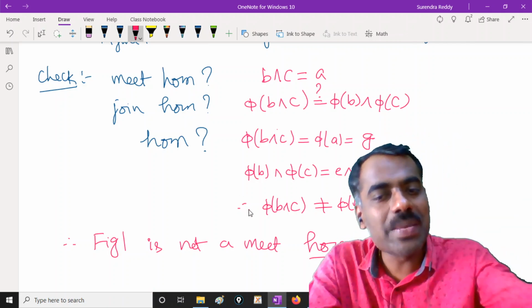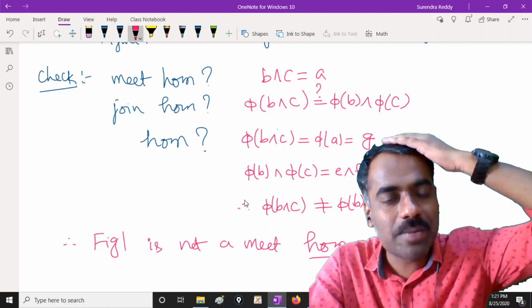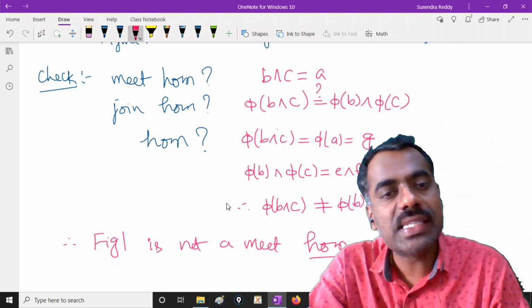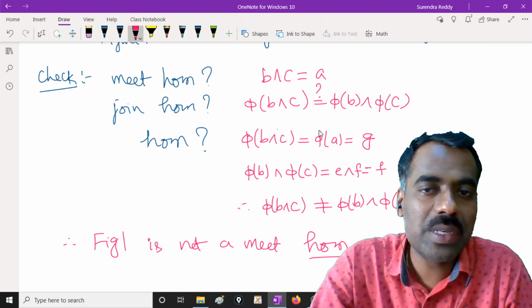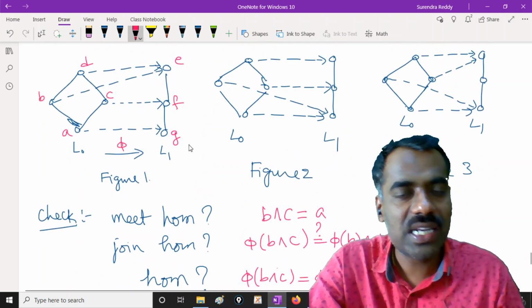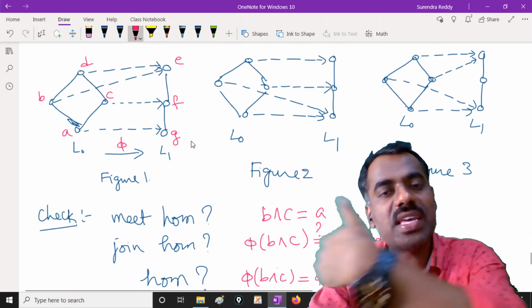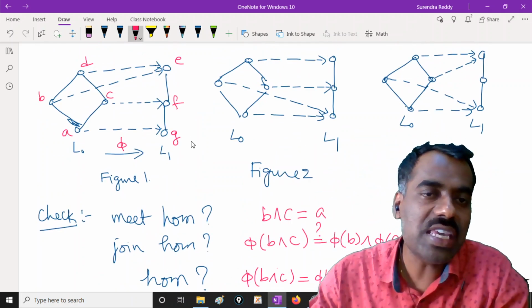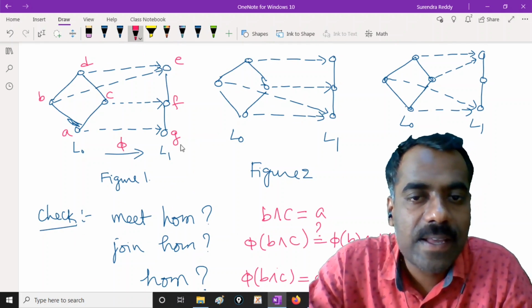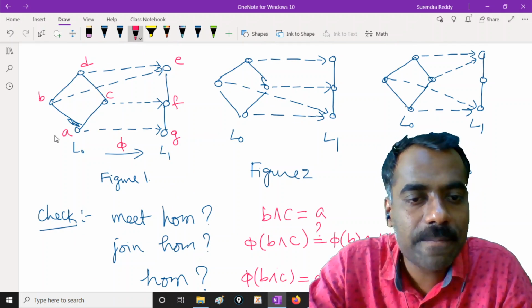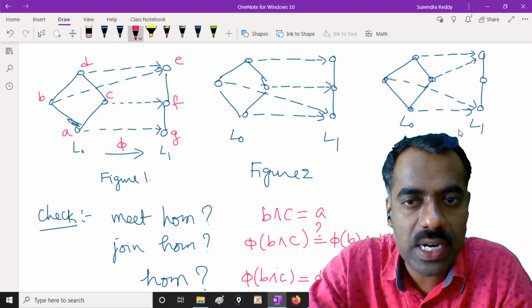Now you have to check for join homomorphism. Obviously, because it is not a meet homomorphism, it cannot be a homomorphism. But what you can ask is, can it be a join homomorphism? That means take any two elements and check their join and see whether they go to the join of the images or not. Are you following? So everyone try this. You have work.